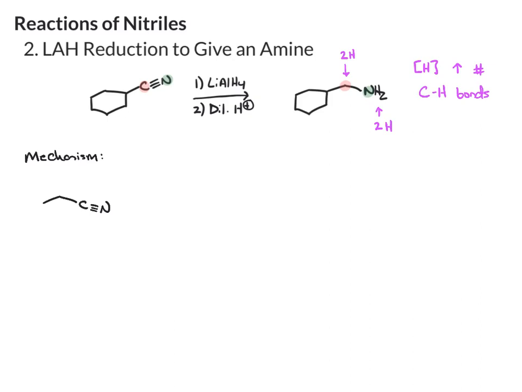And if you take LAH, what we treat that as is a hydride source. So here's your hydride from LAH. That's a strong nucleophile. That will add to the nitrile carbon, pushing a lone pair onto the nitrogen. I should say a second lone pair onto the nitrogen.